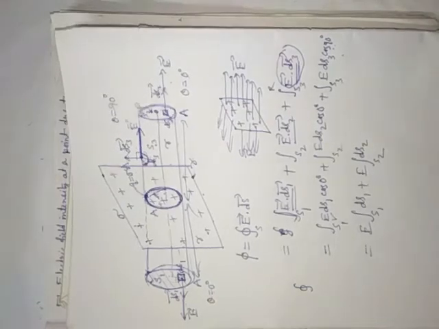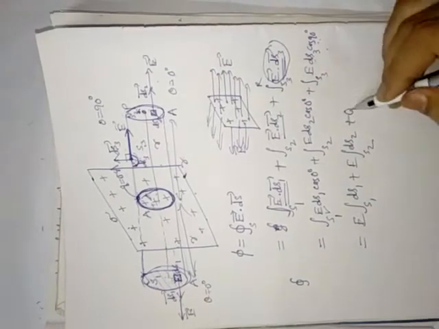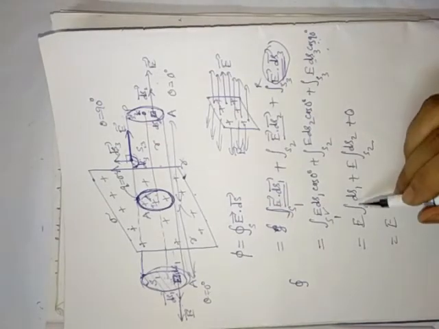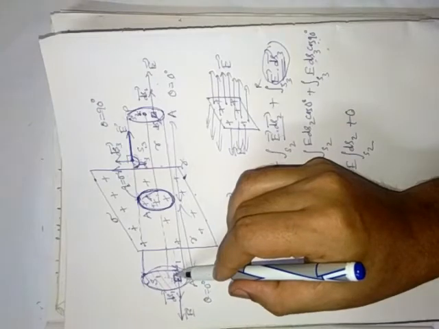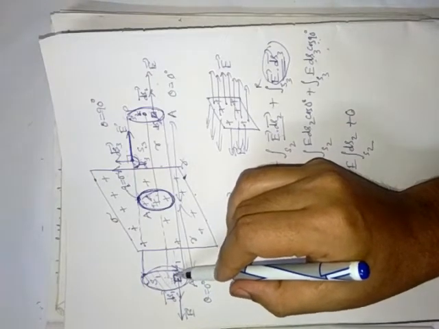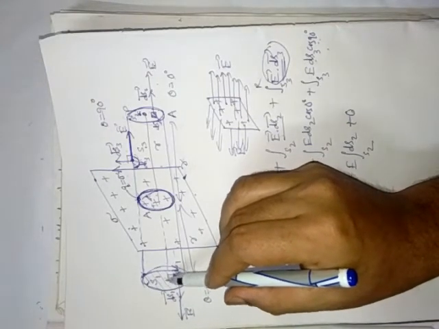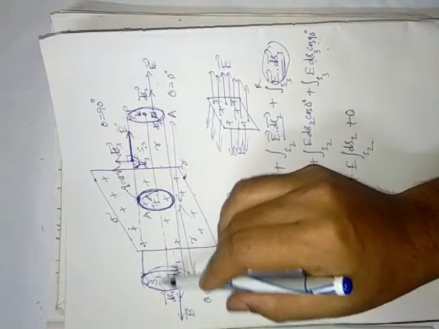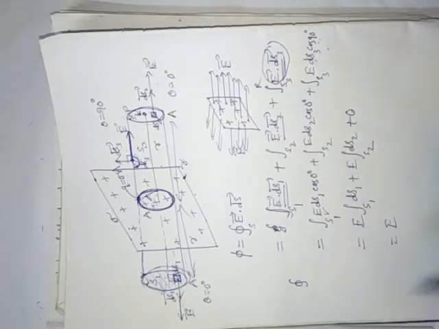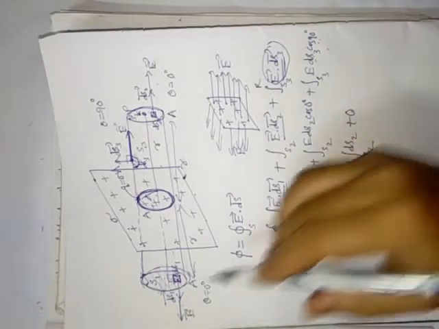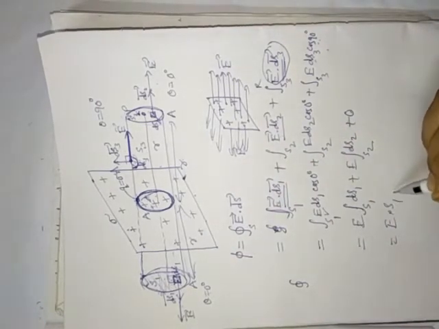Now see, here the flux through the curved surface is 0. Again, you can write the integration of ds1. If you add all the ds1, that means since you have divided S1 into certain small parts, and every portion is ds1, then if you integrate all the ds1, you will get S1.